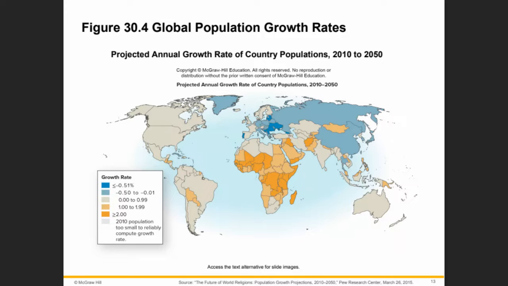But they have only had modest growth since 1950.